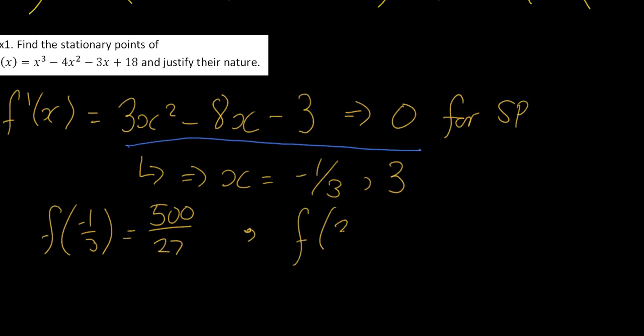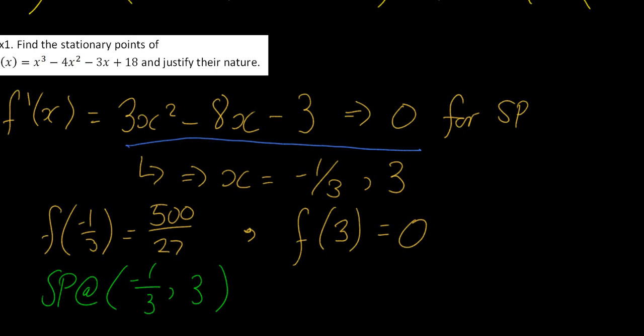F of 3, when x is equal to 3, you're going to get 0 over here. And of course, this implies that you have two coordinates here. You have stationary points at negative 1/3, 500 on 27, and 3, 0.